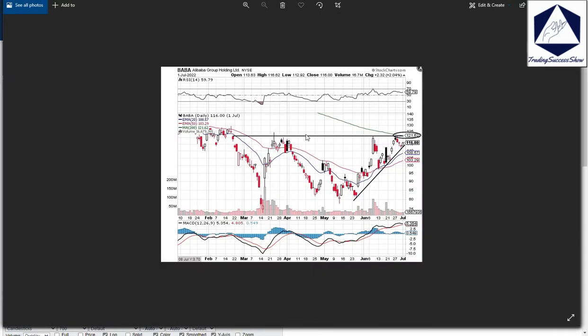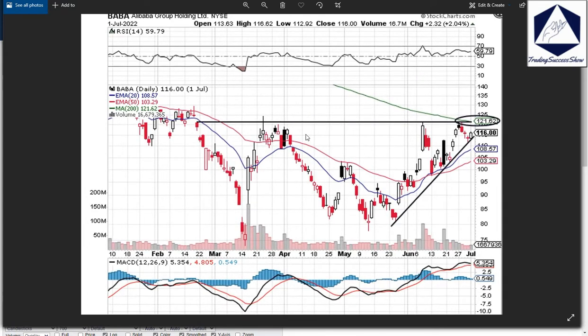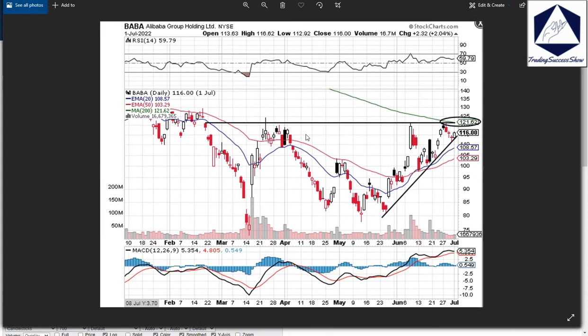Also, let's talk about the Chinese stocks. My favorite is more of US stocks, but this Chinese stock, this is Alibaba. Alibaba for them is like Google, or like Amazon, right? But for now, keep an eye out on this 121 area, 122 area, which is our 200 moving average.